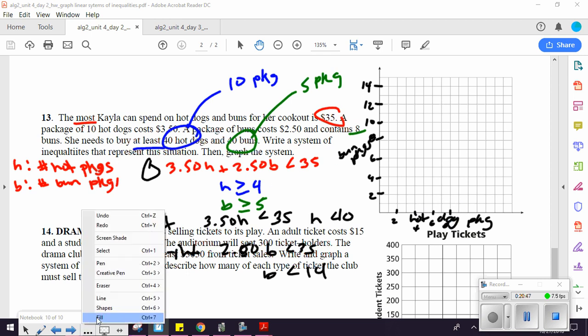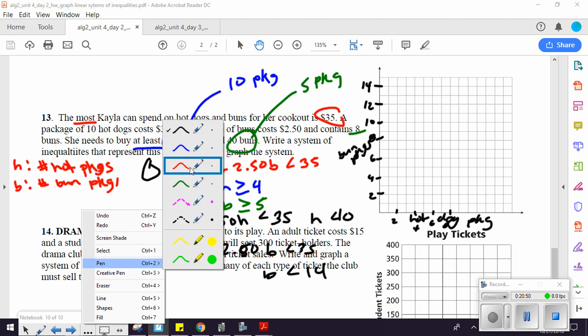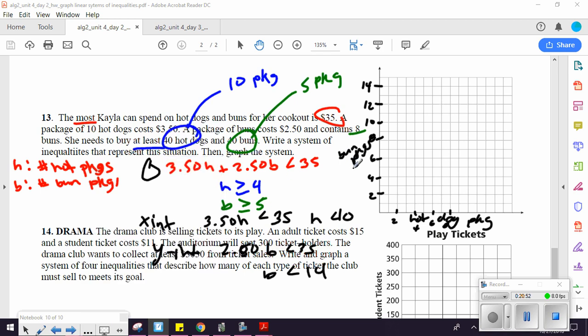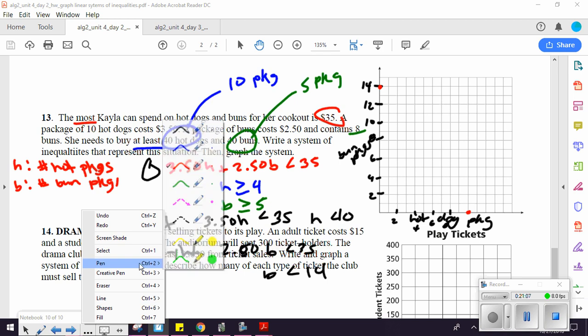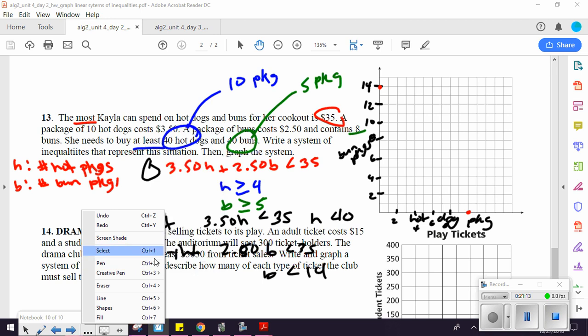All right, so for our first inequality, let's plot the x-intercept. That was 10, which is here. H was 10. And then B was 14. And then we just connect it with a line, a dashed line, because it said no more.